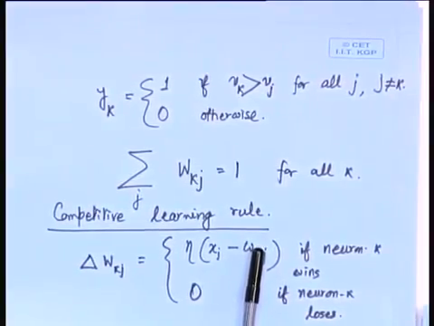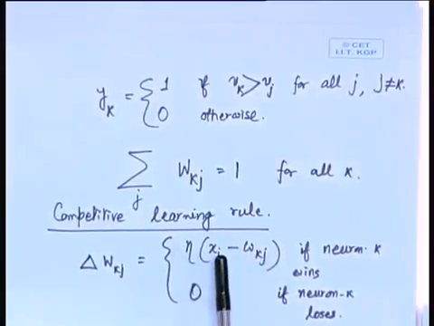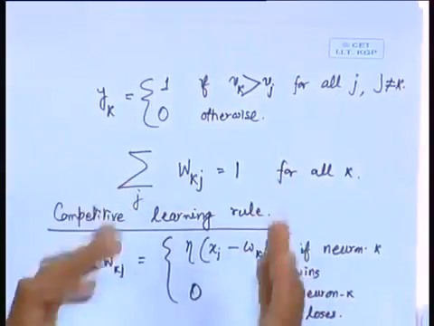Next time, since Wkj has already increased, delta Wkj is going to be smaller, but even then there will be some positive delta Wkj. So in the next iteration Wkj will again increase, not by the earlier amount, but somewhat, and likewise Wkj is going to follow Xj. Ultimately, Wkj is going to be what Xj is.